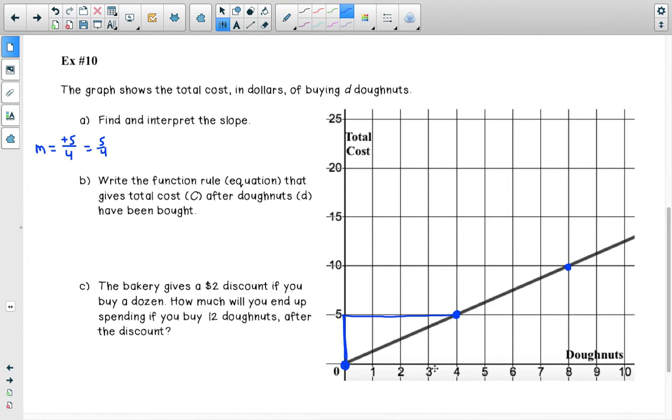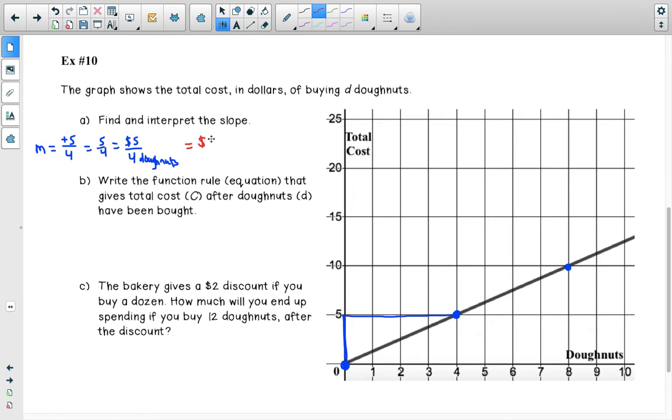But we want to interpret it. Now this is $5 over 4 donuts. What that means, so we're talking about money here, $5 over 4 donuts. If we were to simplify this into money, we know that money uses decimals, we go to the nearest hundredth. $5 divided by 4 means that you can get 4 donuts for $5.